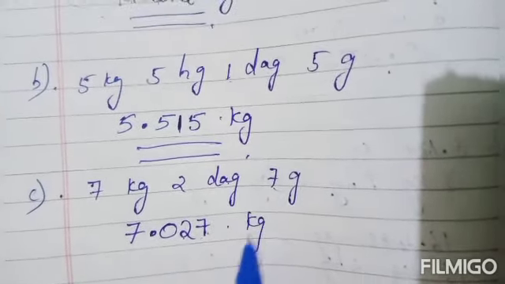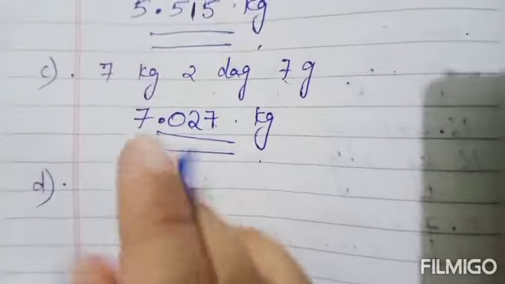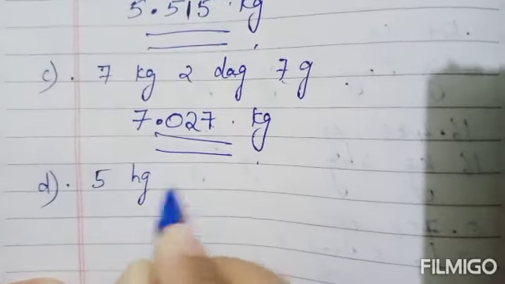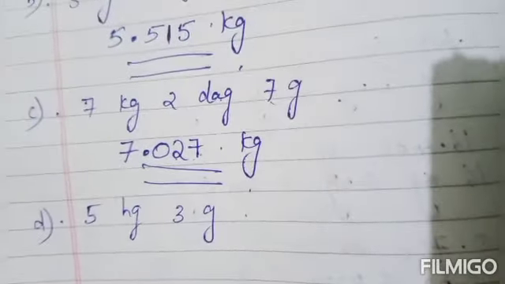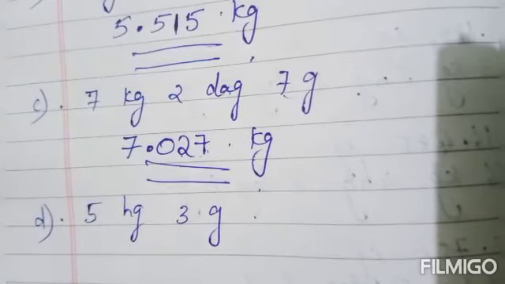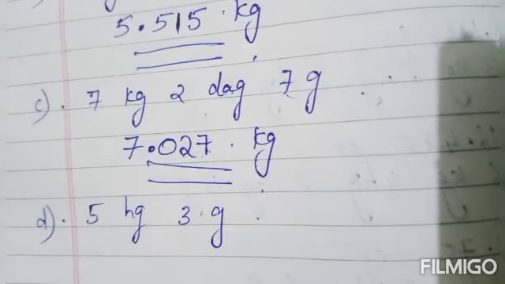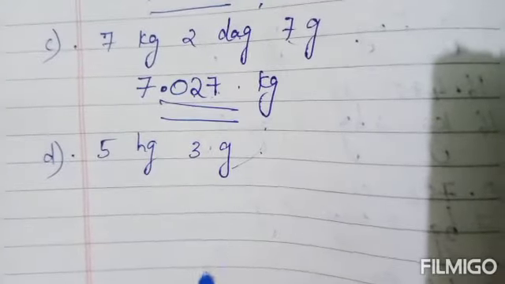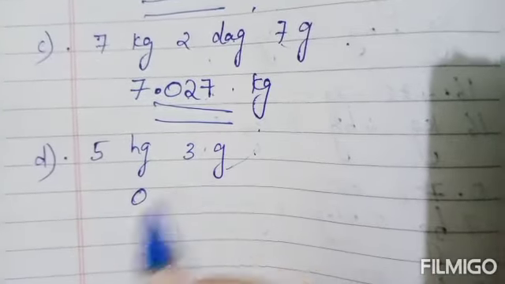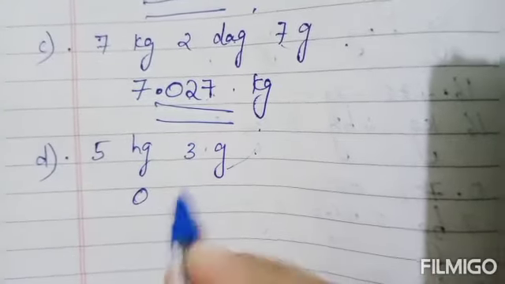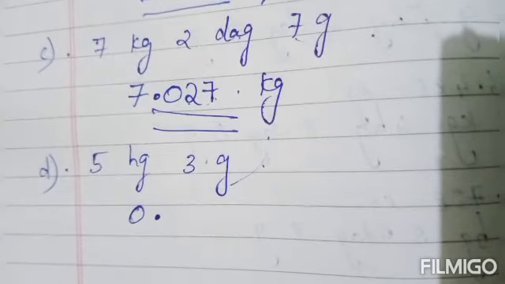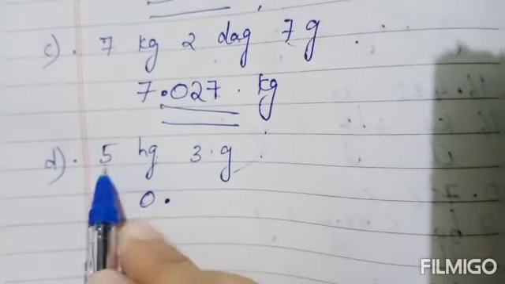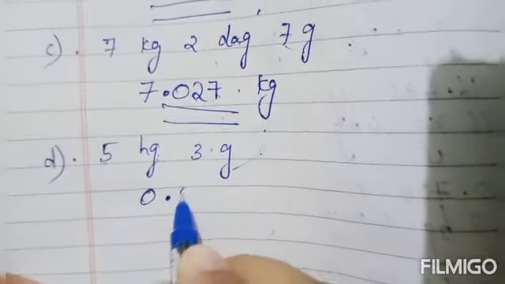Okay. Now next D, 5 hectogram, 3 gram. You have to express in kilogram. Here kilogram is not given, so before decimal point it will be 0. Next hectogram is coming, 10th place it is hectogram, 5 hectogram in the question, so 10th place it will be 5.